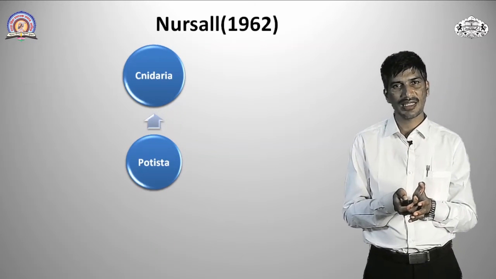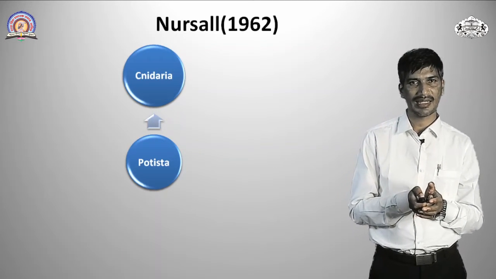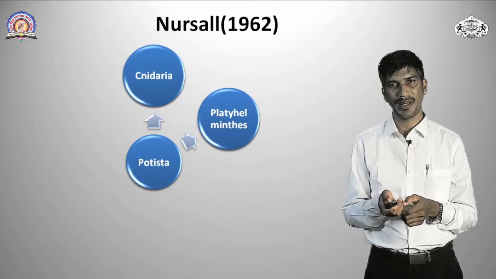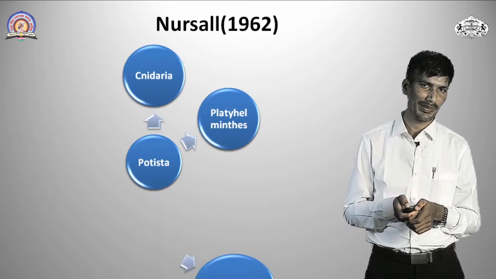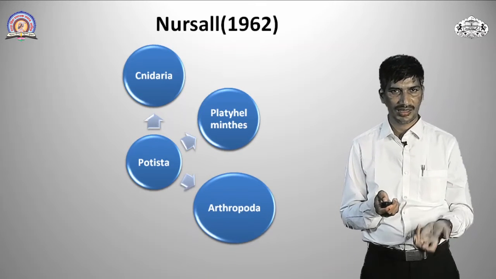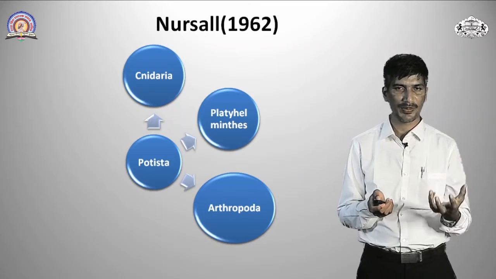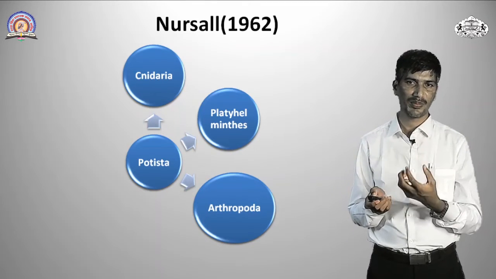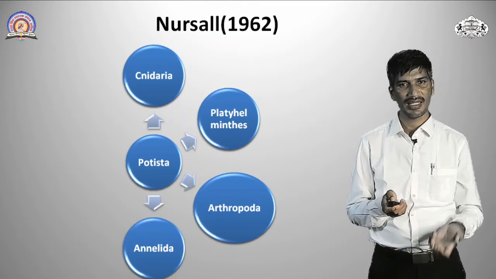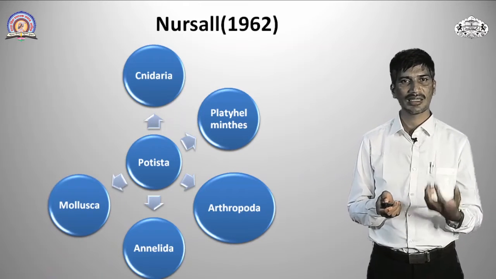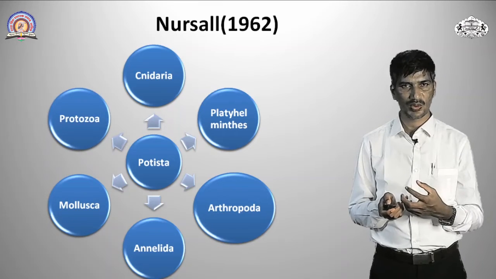The protista is also involved in the cnidarian group development. Protista also actively participates in platyhelminthes development. It also develops the arthropods. Again it actively participates in annelids, then molluscs, then protozoans.